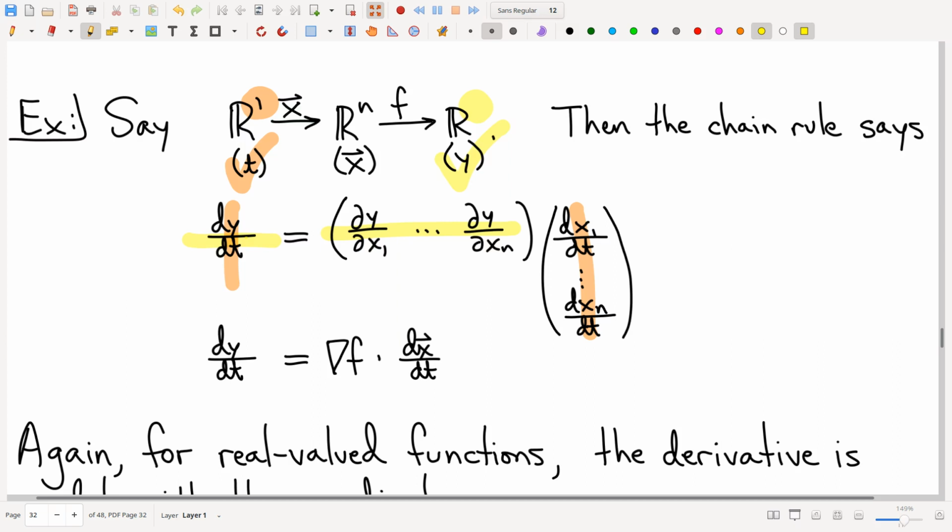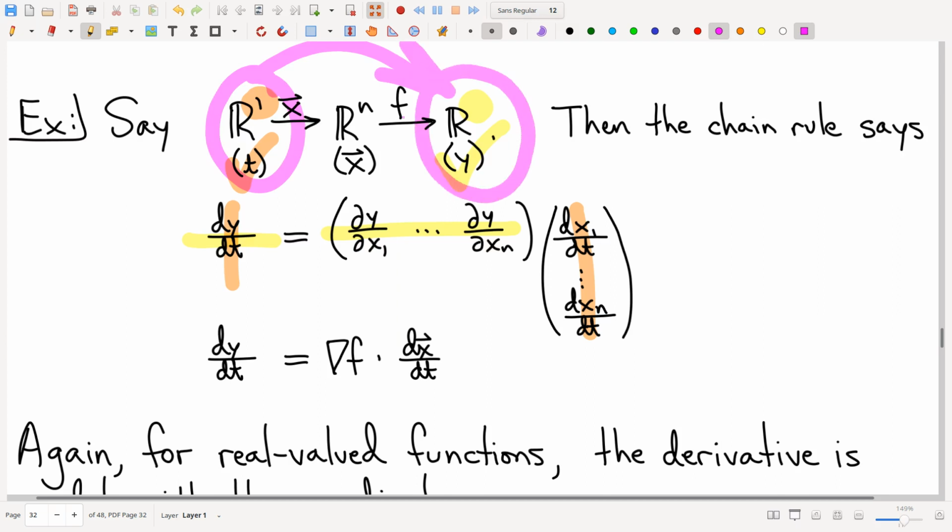Notice that the composition itself has one variable in and one variable out. This composition is a good old-fashioned Calc 1 single variable real valued function, and its derivative matrix is literally just the one derivative.